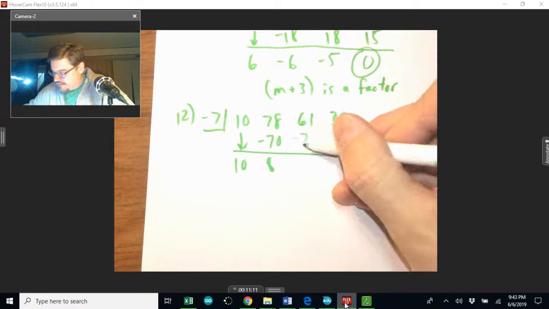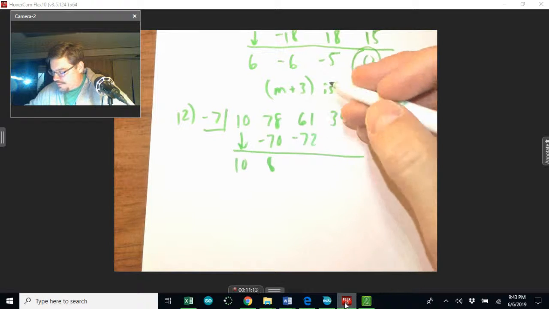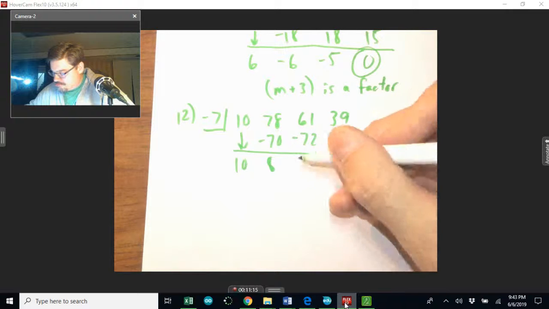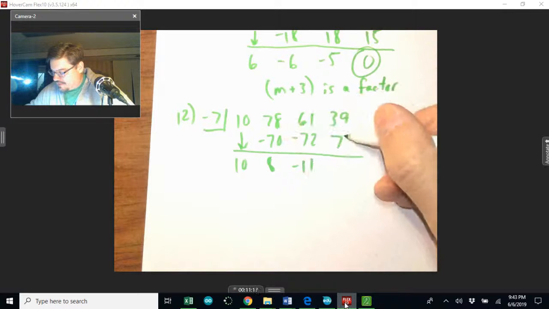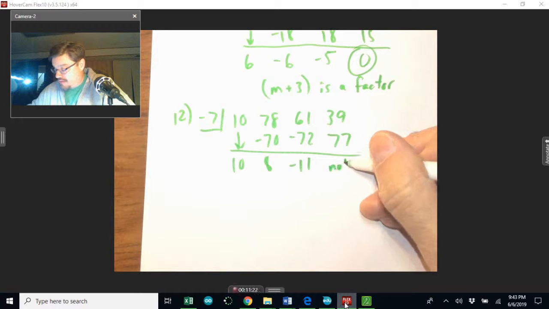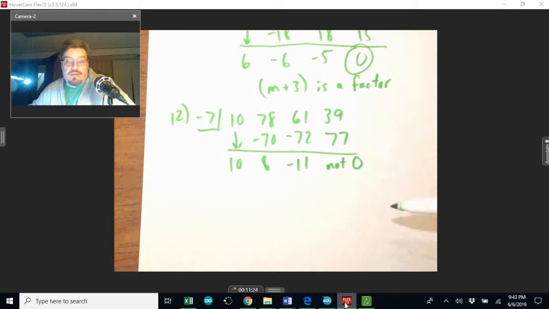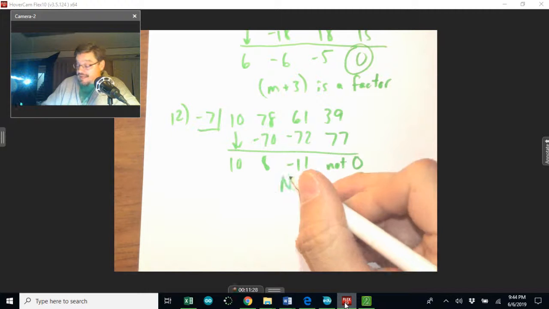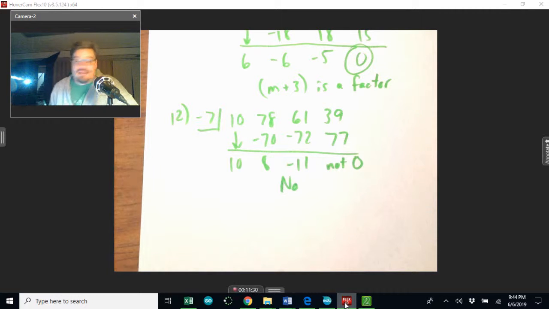That's going to be negative 72, that would be 11. Negative 11, that would be a positive 77, and nope, it's not 0. I'm not even going to add it up, but I know it's not 0. So I would say no, it does not go evenly. It is not a factor. I would have some type of remainder.